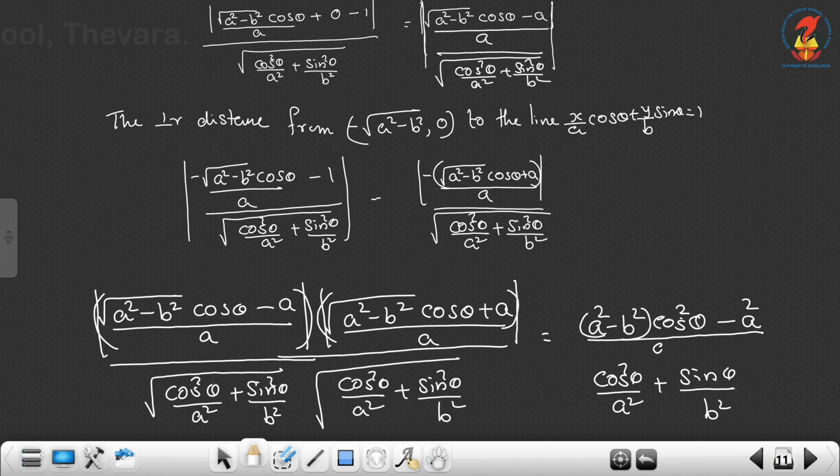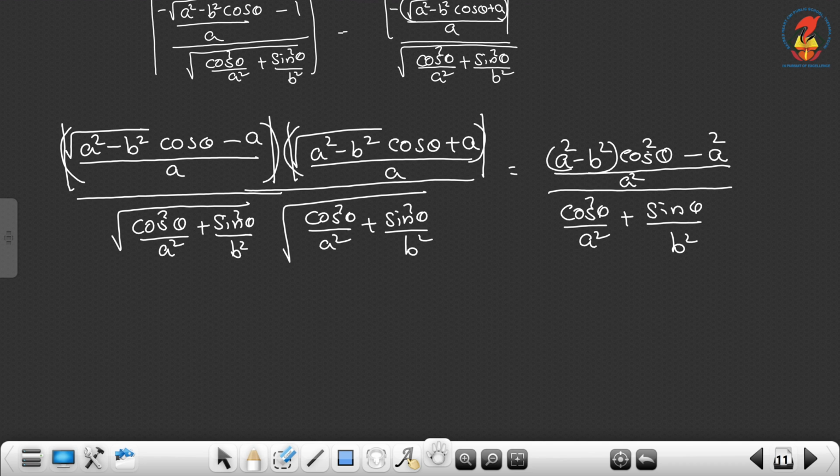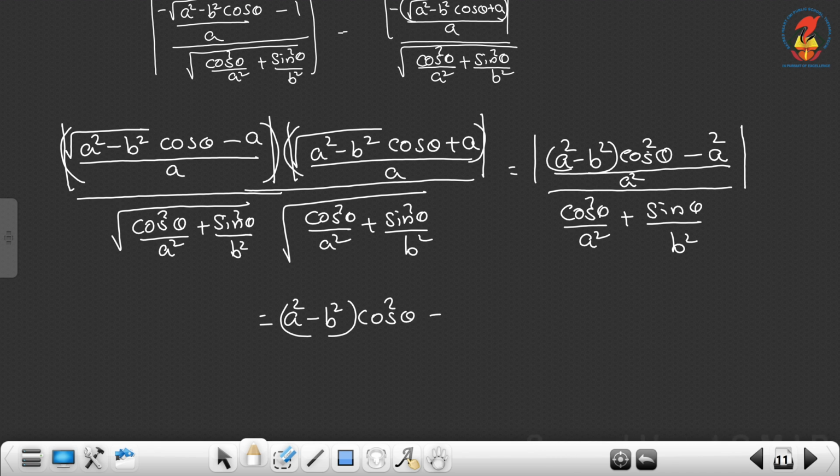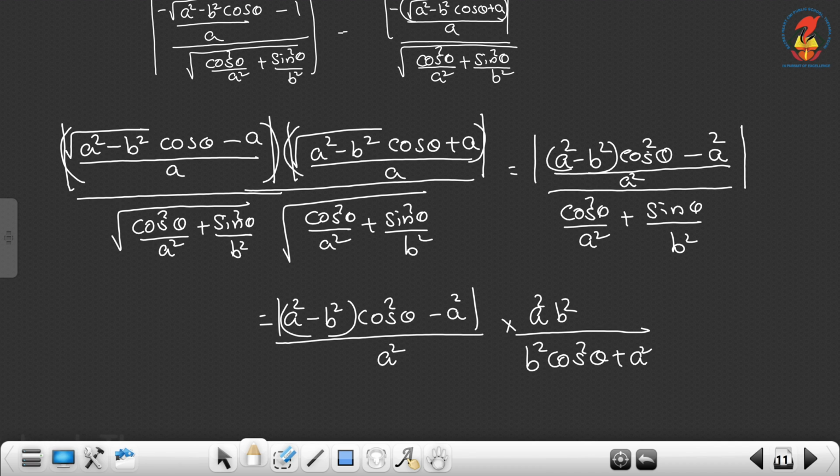A into a is a square. So put the modulus sign. That is equal to a square minus b square cos square theta minus a square. Put that in the modulus. A square is positive, so outside the modulus we can write it. Then taking the LCM, this a square b square in the numerator and denominator, b square cos square theta plus a square sin square theta. So this a square and a square cancel.